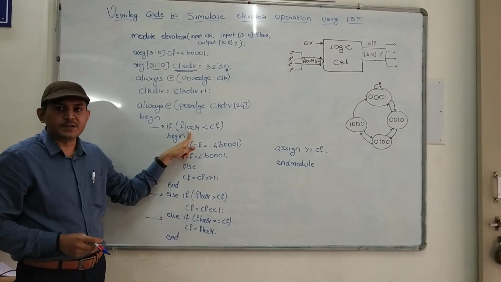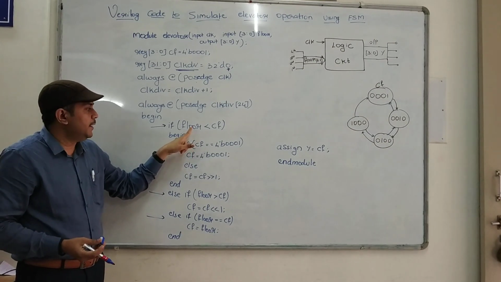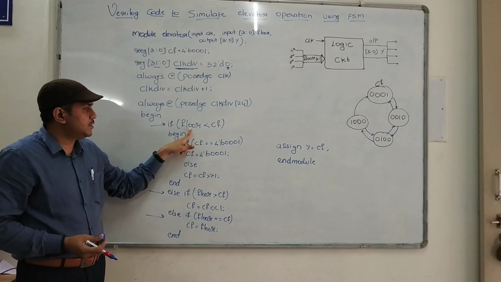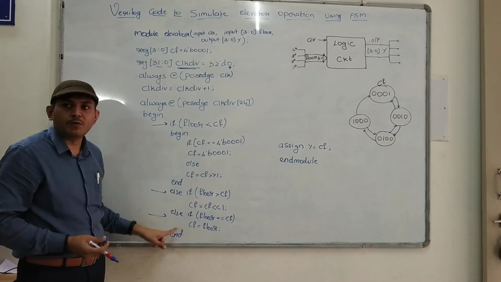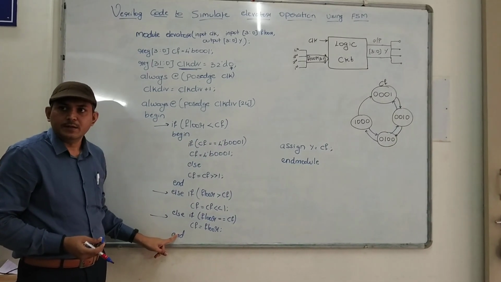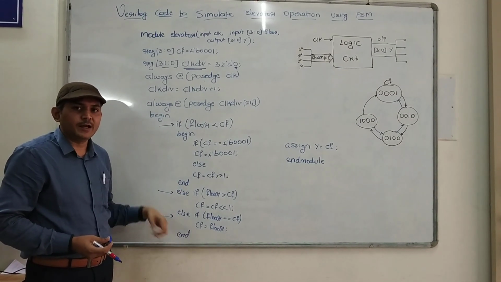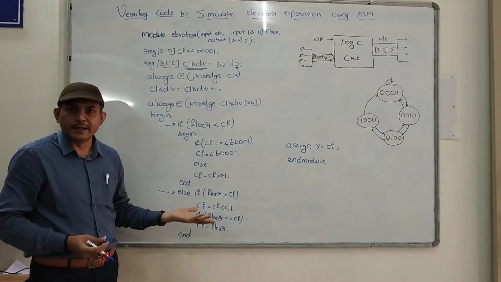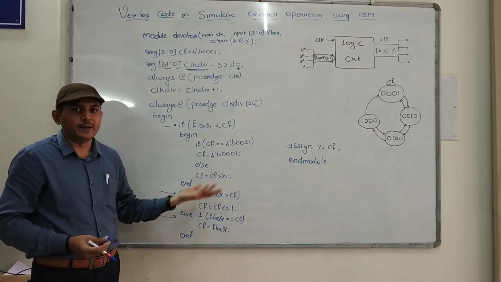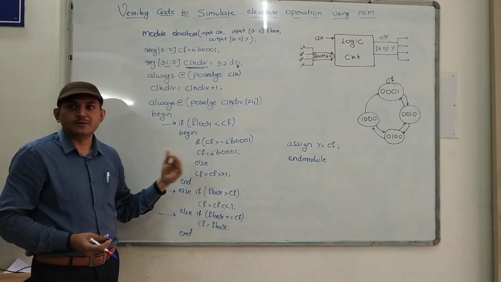Floor is the input, which means the user will select which floor he wants to go to. Here I am verifying whether this floor is less than the current floor, or greater than the current floor, or equal to the current floor. So like that, all the 3 operations I am checking, and based on that I will move the values, or I will glow the LEDs. The respective LED will glow to indicate that we are on this floor.